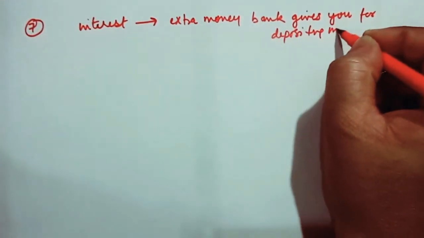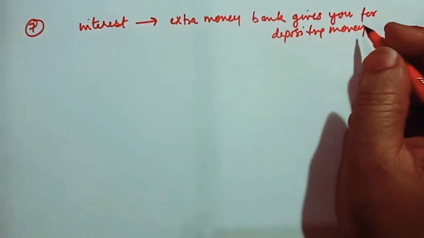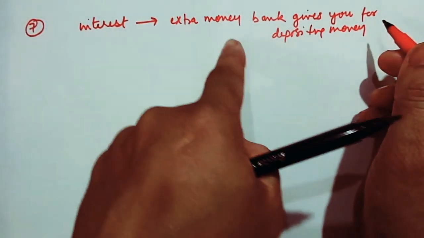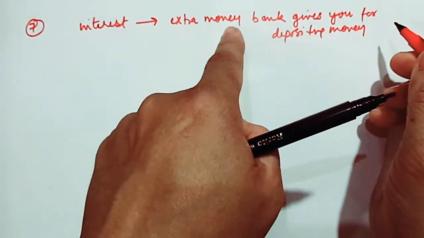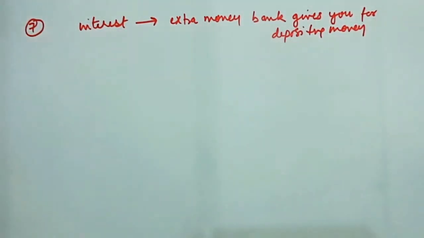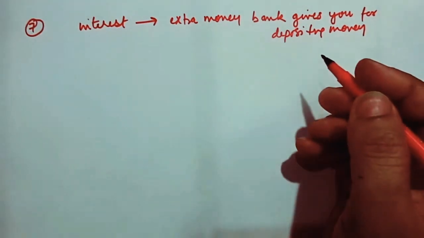If you are depositing, the interest will be your profit. But if you take a loan from the bank, they will charge interest. That will be their profit.